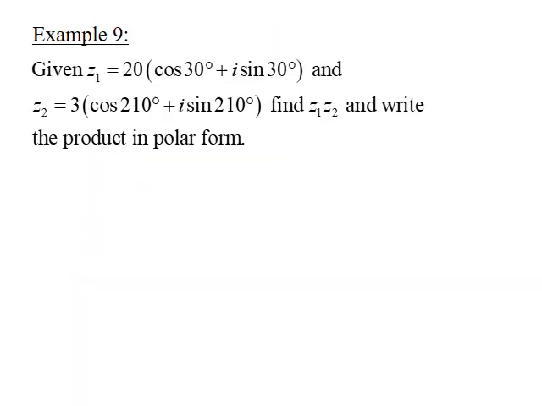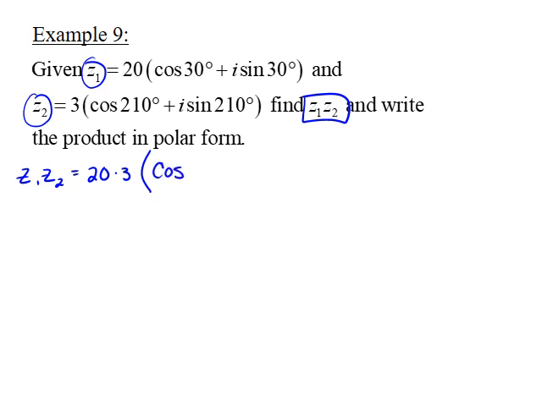Let's try it. Okay, so as promised, I have two complex numbers, z1 and z2, and they're both written in polar form. We want to find the product. So in order to find z1 times z2, we will multiply the r's and we will add the thetas.